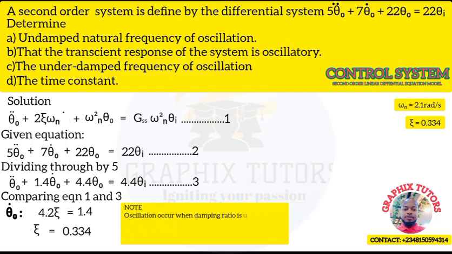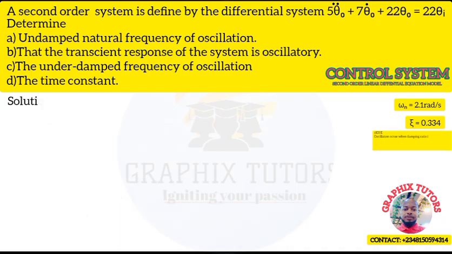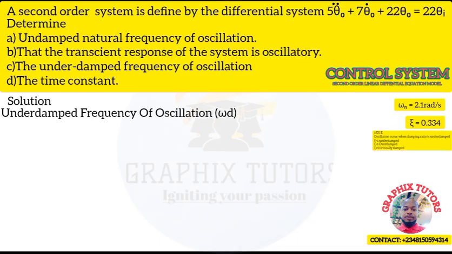So we move to the next one. The question says we should determine the underdamped frequency of oscillation. To calculate it, we have a general formula: omega sub d equals omega sub n multiplied by the square root of 1 minus zeta square.